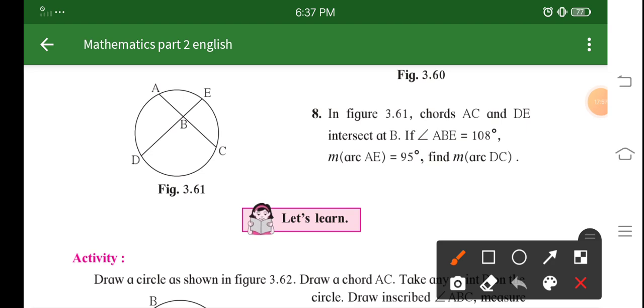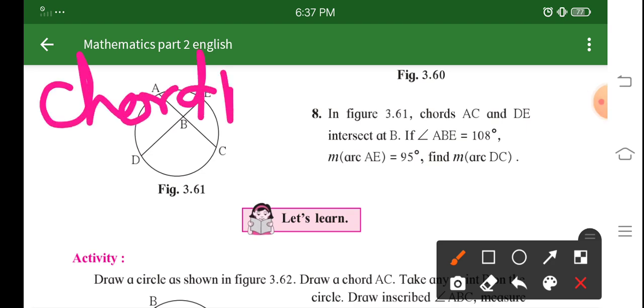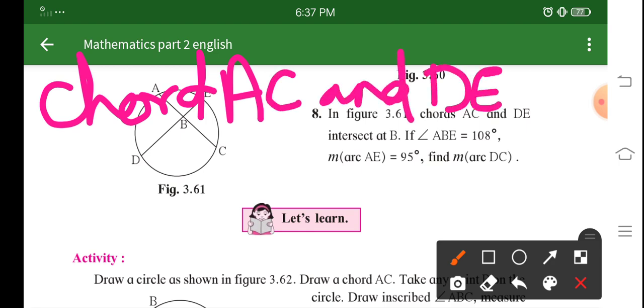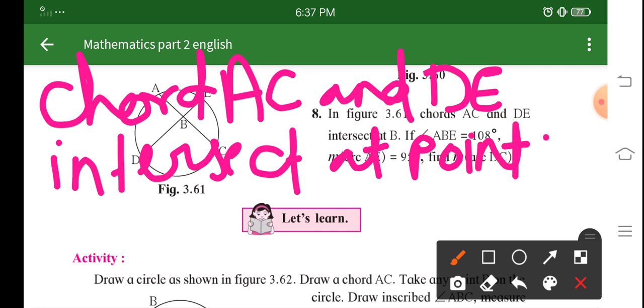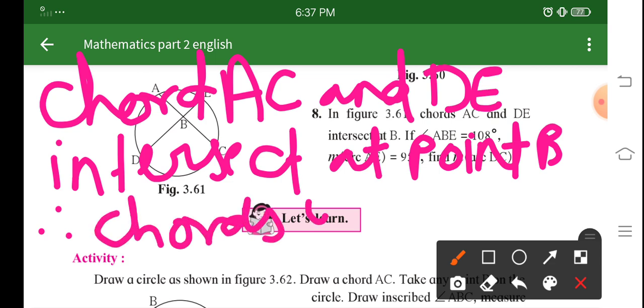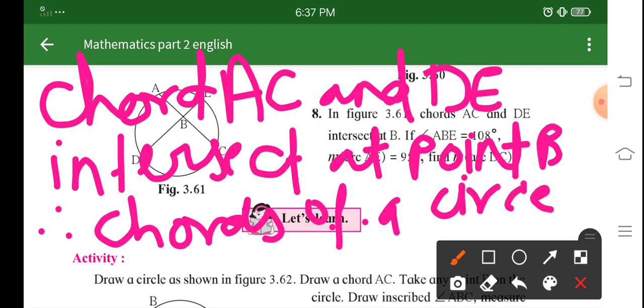Same thing only you have to write over there, chord AC and DE intersect at point B. But the chords, जो circle के chords है, they are intersecting each other but inside the circle.